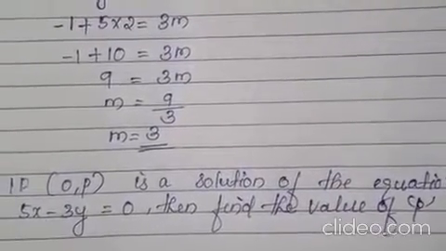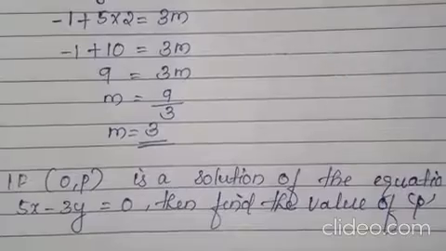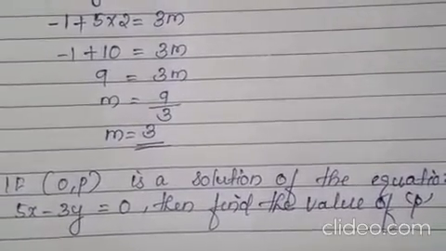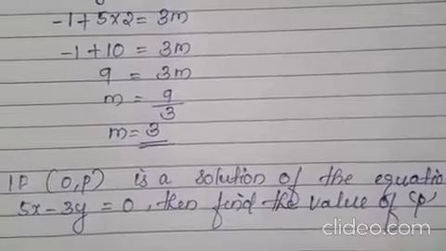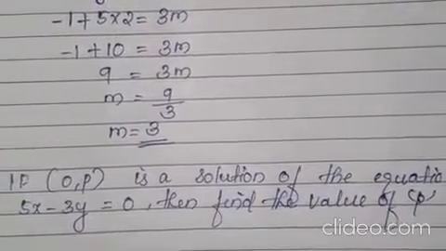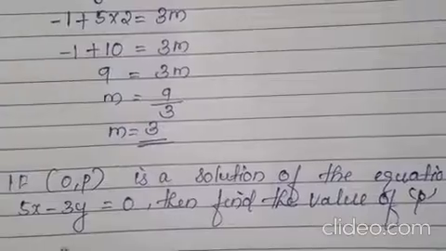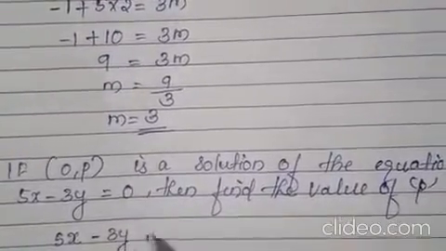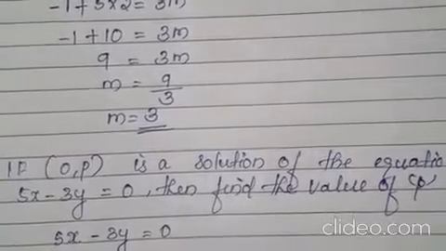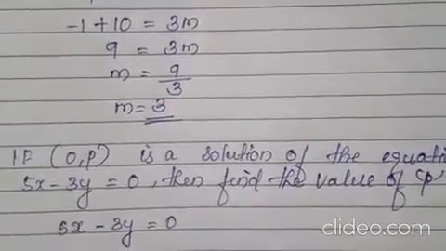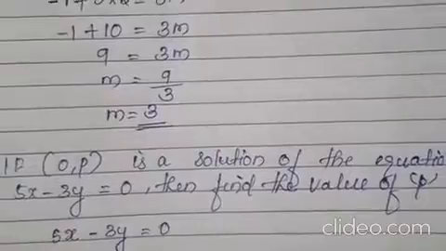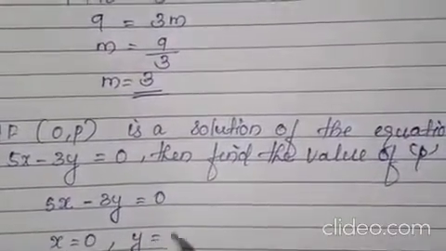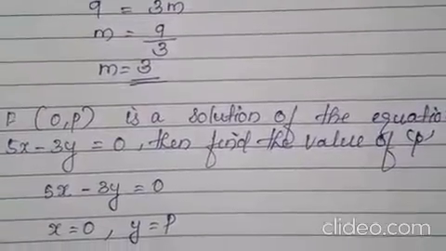The second question is, if 0 comma p is a solution of the equation 5x minus 3y equals 0, then find the value of p. Here the equation is 5x minus 3y equals 0. Then we should substitute x equals 0 and y equals p.